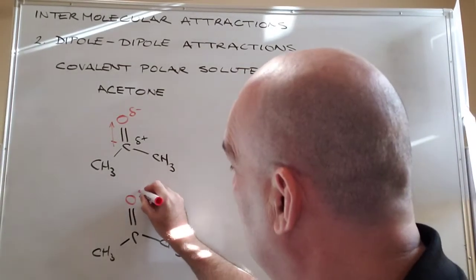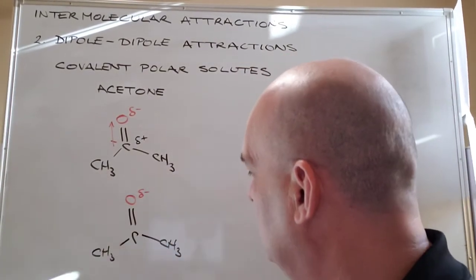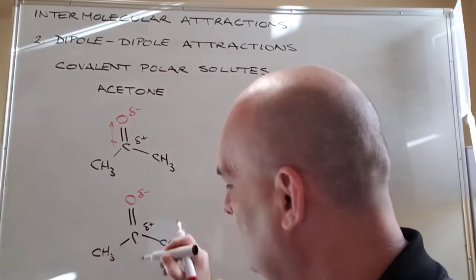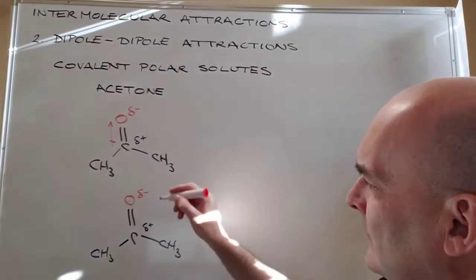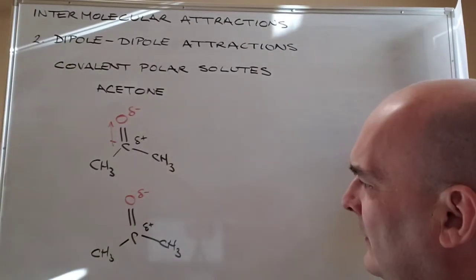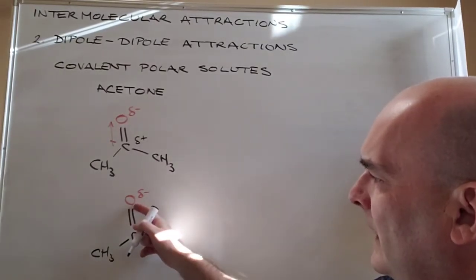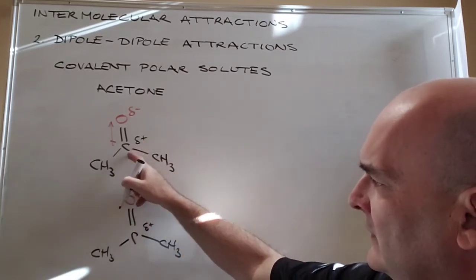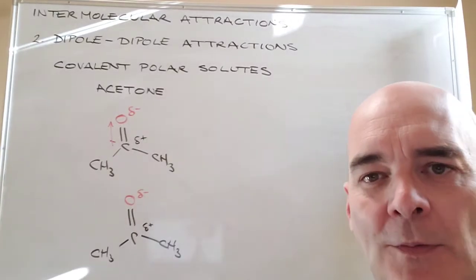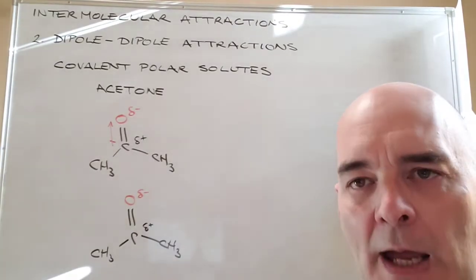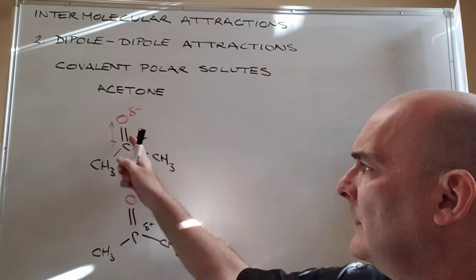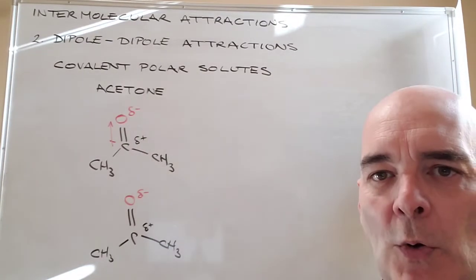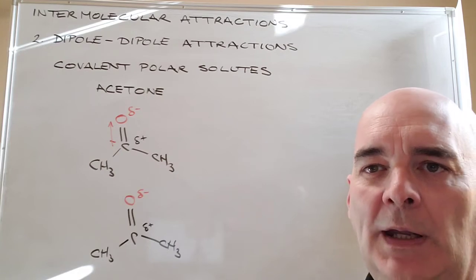When molecules of acetone meet each other, they stick together. This oxygen, being a little bit negative, will be attracted to that carbon, and so the molecules will self-align and order themselves this way. This is a dipole-dipole interaction.